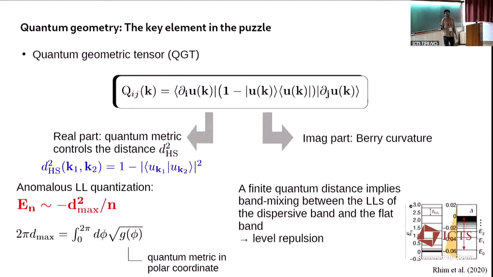That is why you have this level repulsion, and the appearance of these anomalous Landau levels.